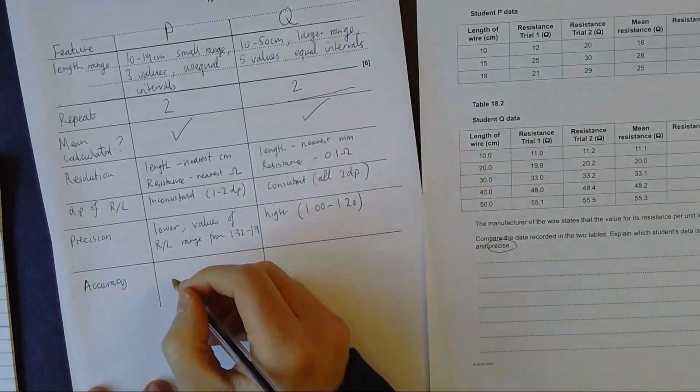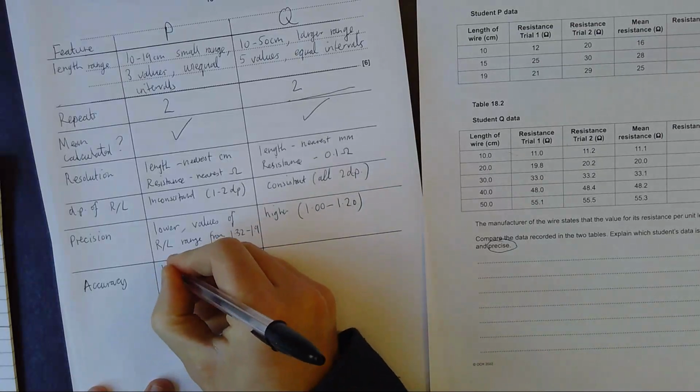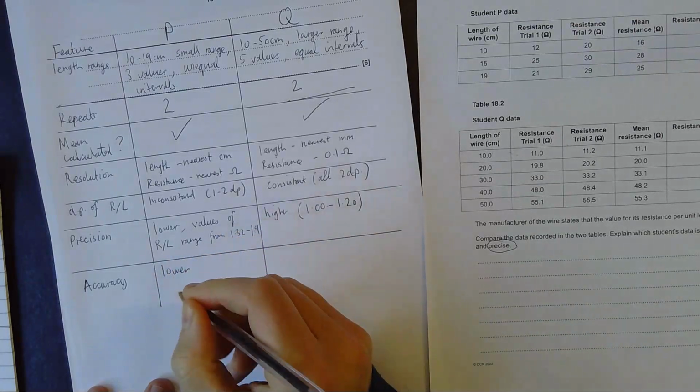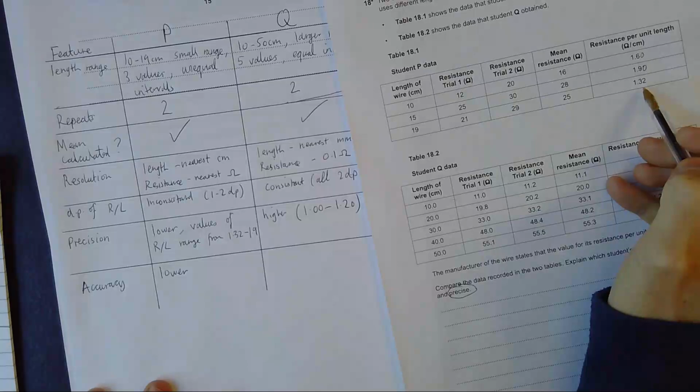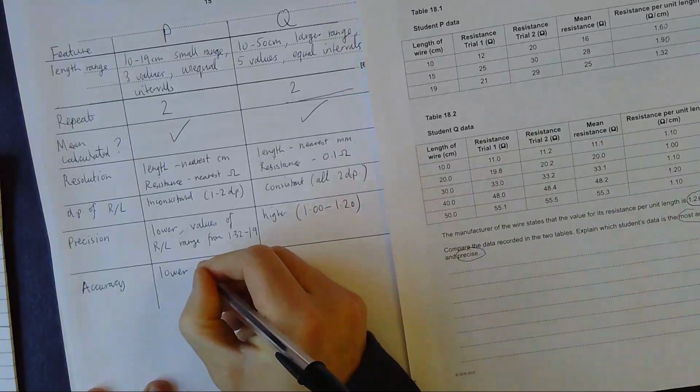So the accuracy of P is lower, and if you take a mean of these three you get 1.61.